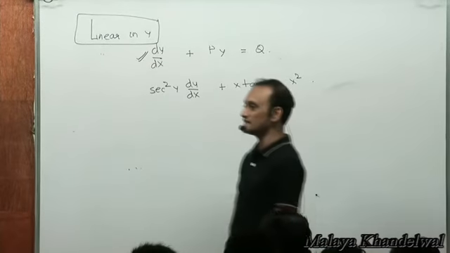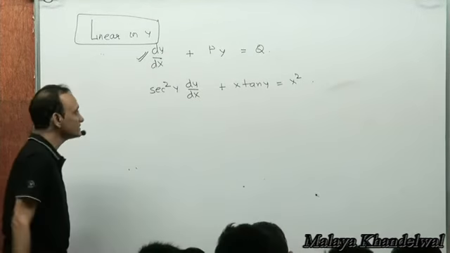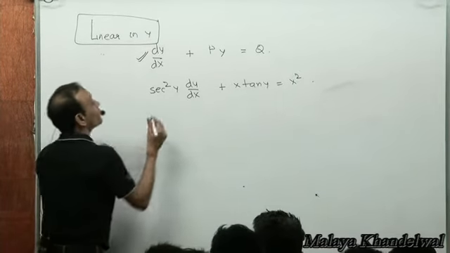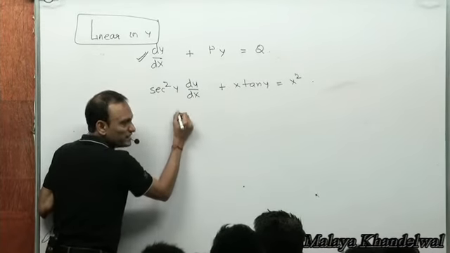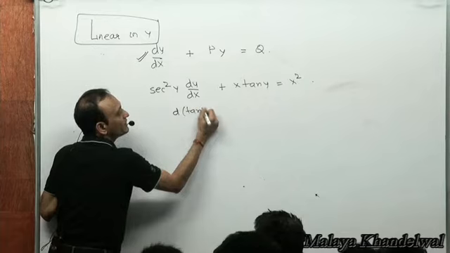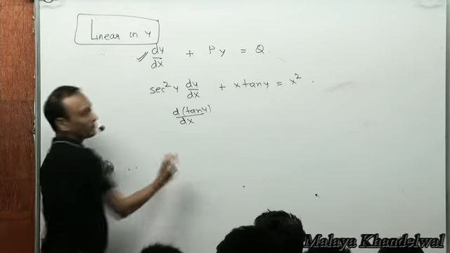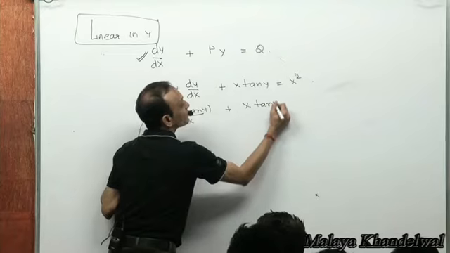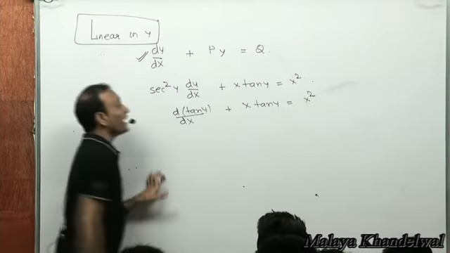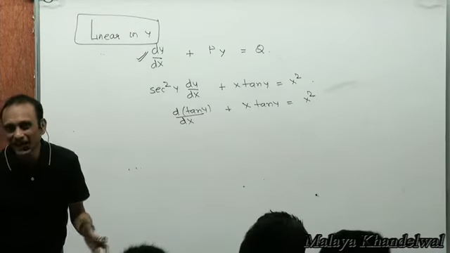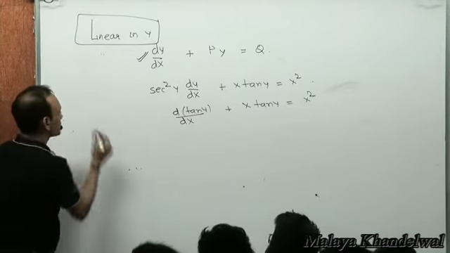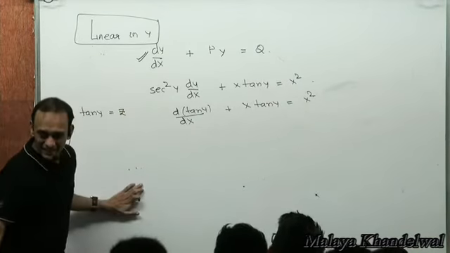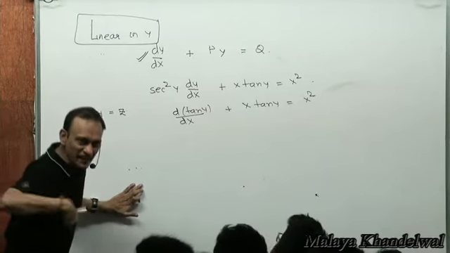This sec squared y dy I can write as d of tan y, dx, plus x tan y equal to x squared. I'll take tan y equal to some z. It'll become linear in z, linear in tan y.